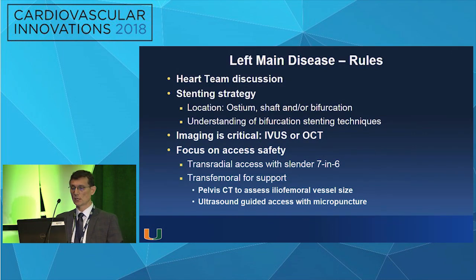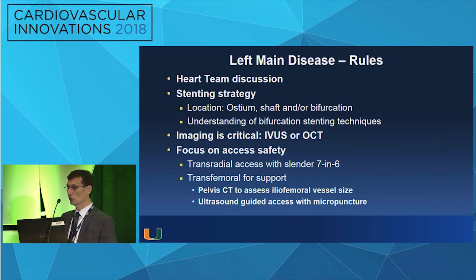So the rules are slightly different, and we still need to have a heart team discussion. We have to come up with a stenting strategy depending on the location of the lesion. If it's in the ostium or the shaft, it's easy. If it's in the bifurcation, then we have to start thinking about the techniques that were discussed before.